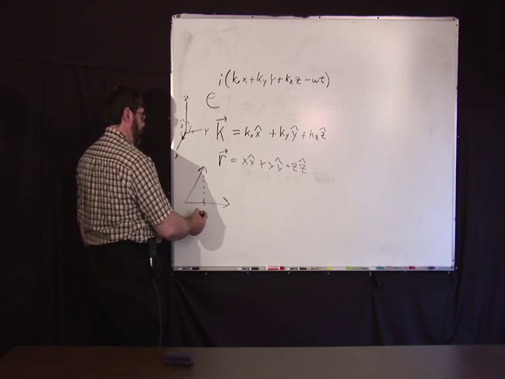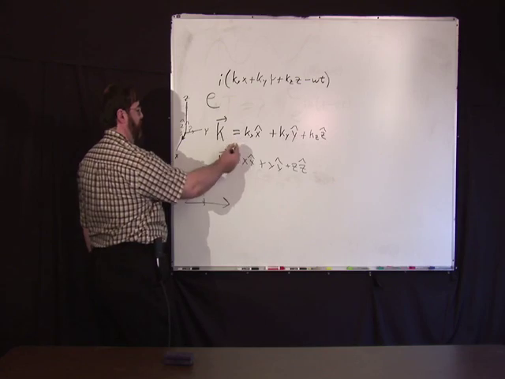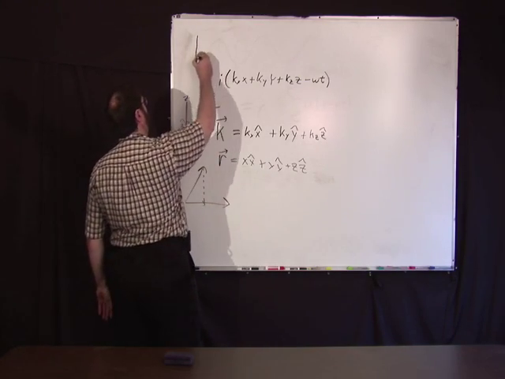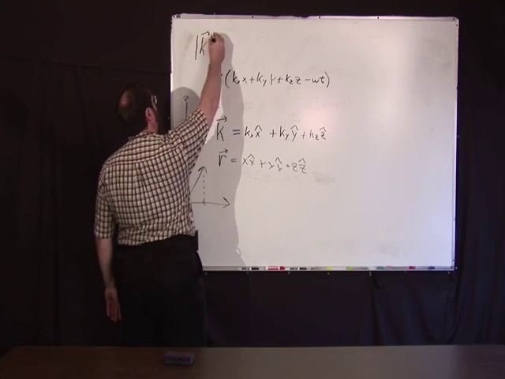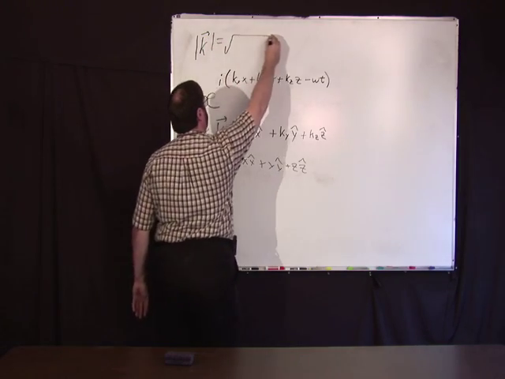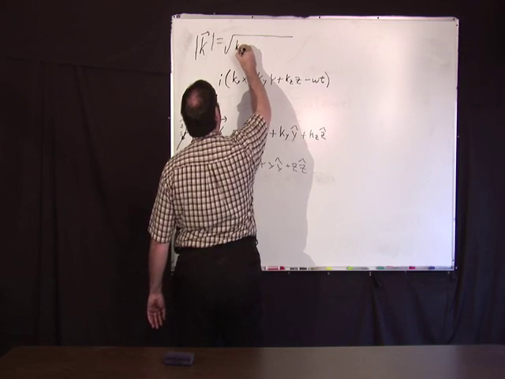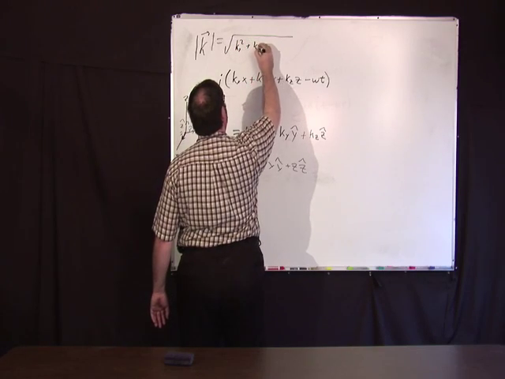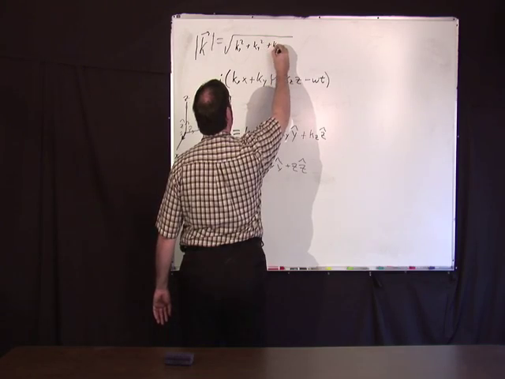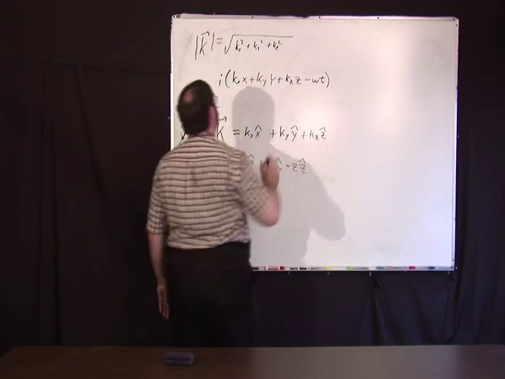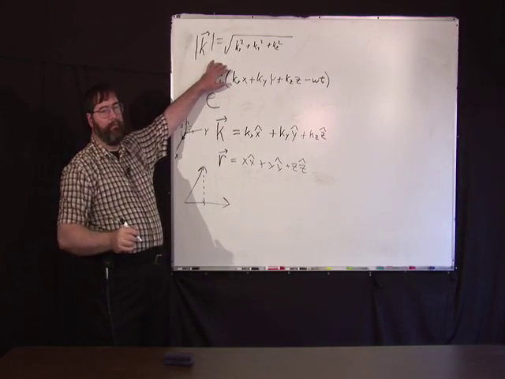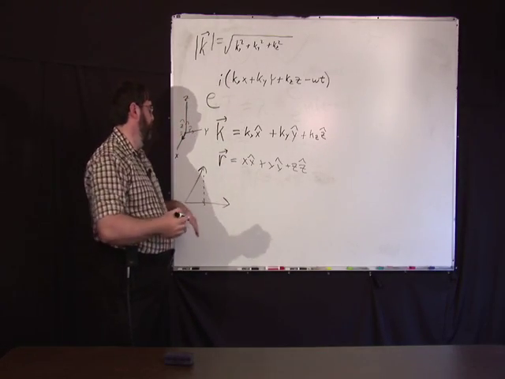The magnitude of k equals its length, the square root of kx squared plus ky squared plus kz squared. You can prove that with the Pythagorean theorem, just applied more than once.